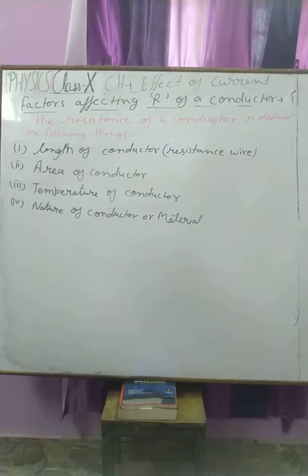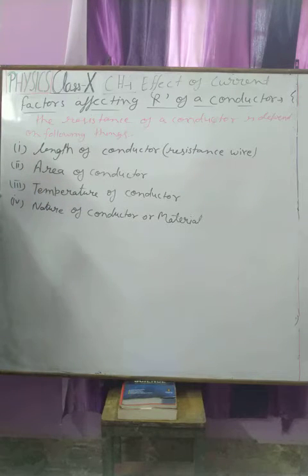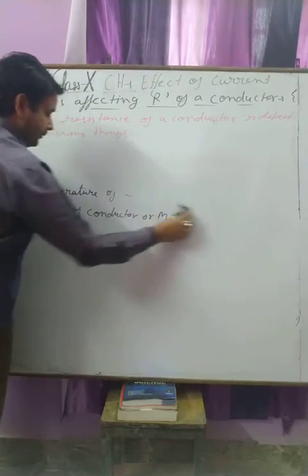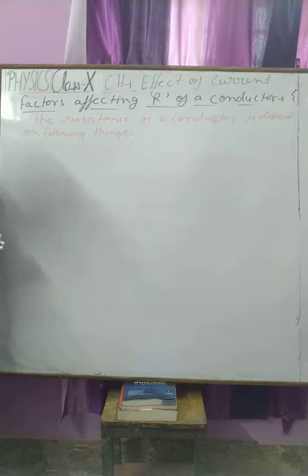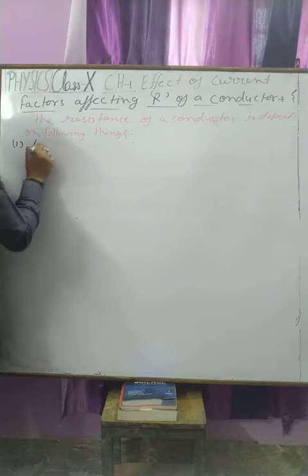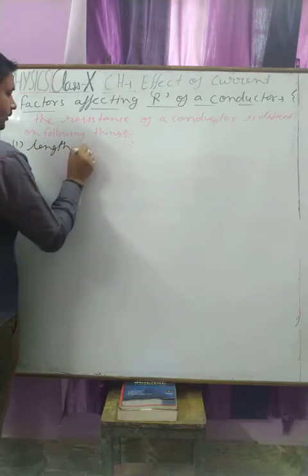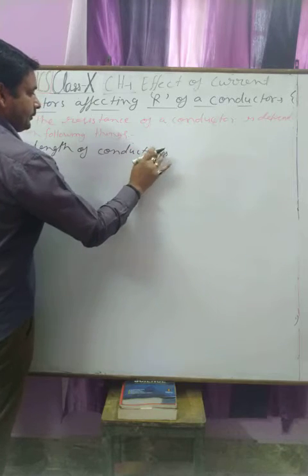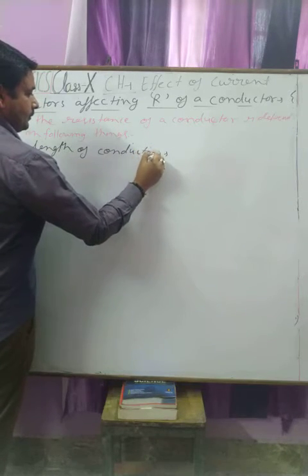Okay student, now we are discussing each factor with explanation and examples. First we are going to discuss the length of the conductor.